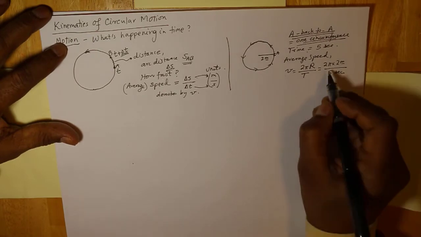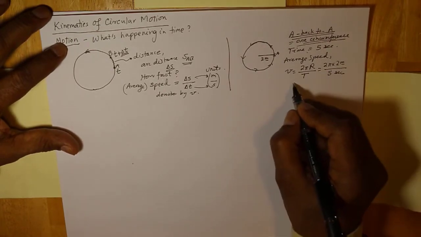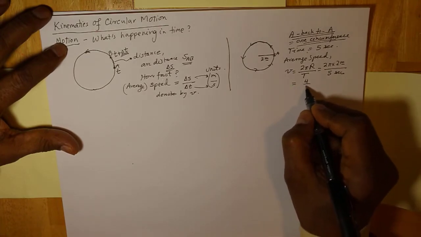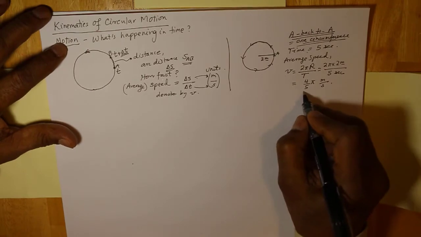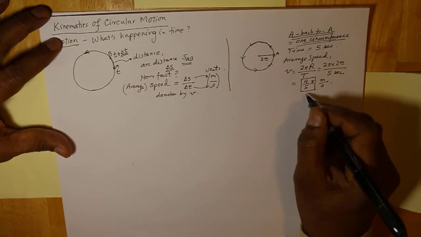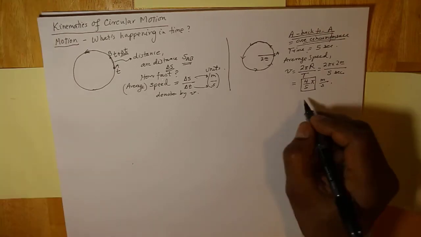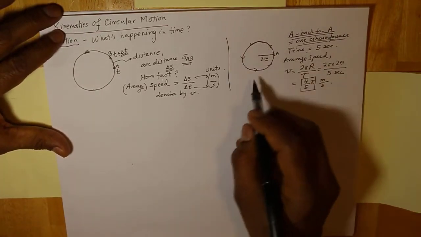So you can see that I have 4 pi over 5, 4/5 of a pi meter per second. You can use a calculator and get an approximate numerical value, but I'll just leave it at this. So this tells me average speed.